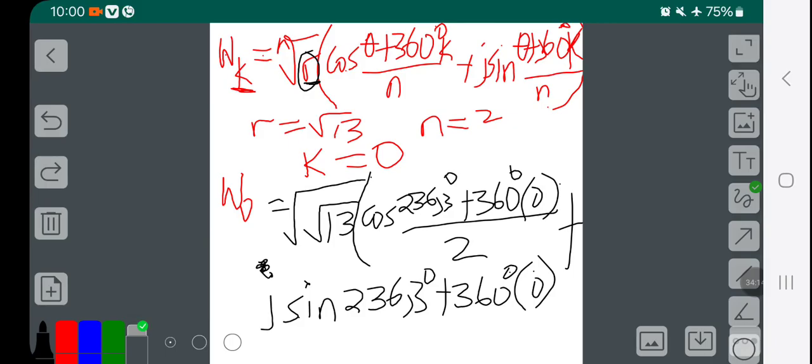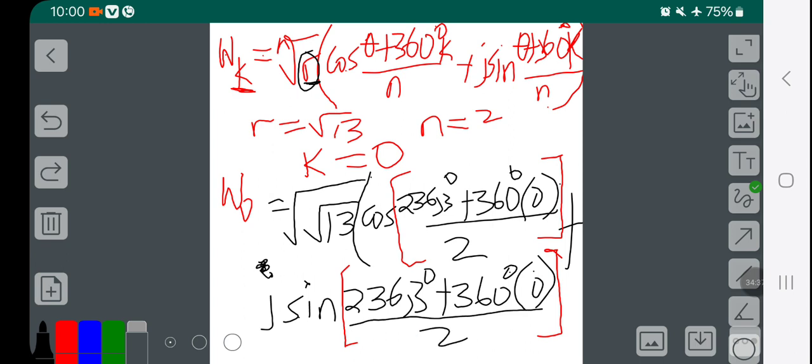Remember guys, please don't forget that over here it does not affect. That's why sometimes they put a bracket here. We need to simplify it separately. Now you can just use your calculator from here.